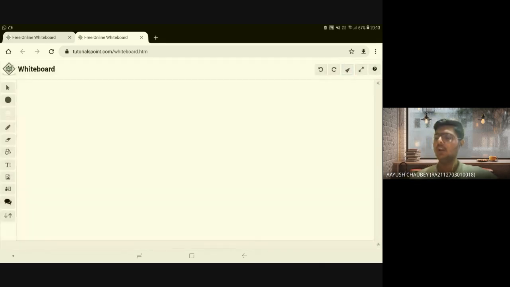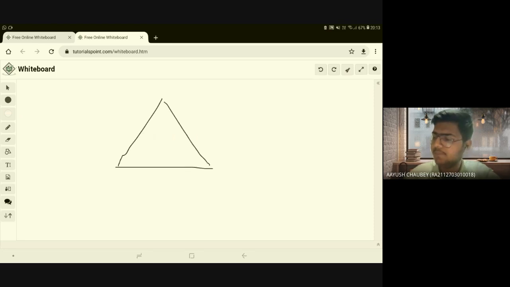So in the triangle, let us take a triangle. It is A, B, C. So opposite to A, the side would be a. Opposite to B, the side would be b, and opposite to C, it would be c.